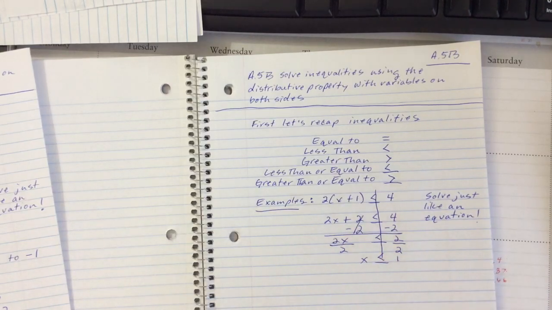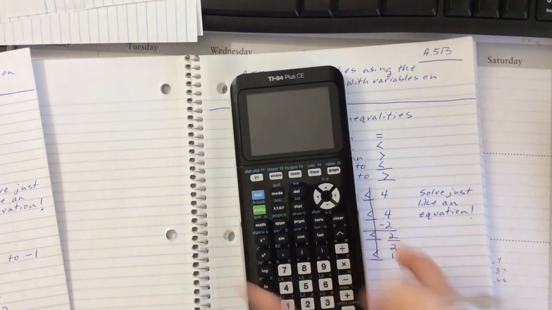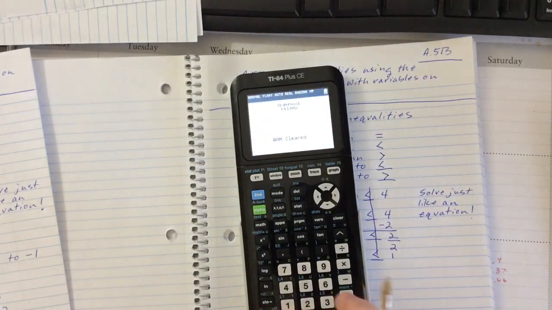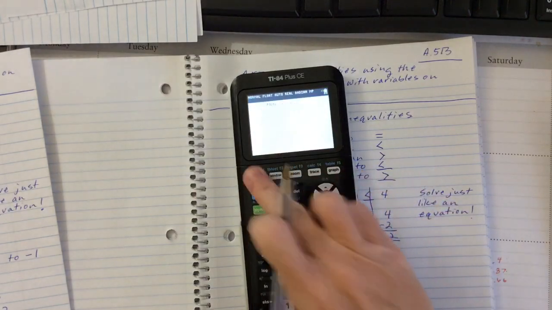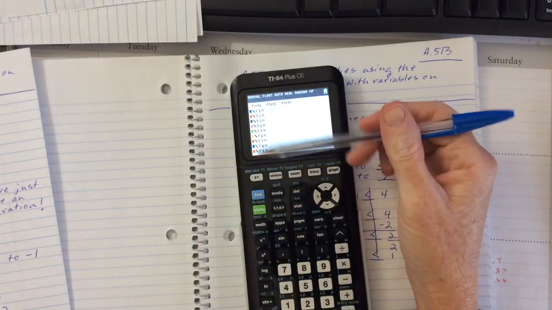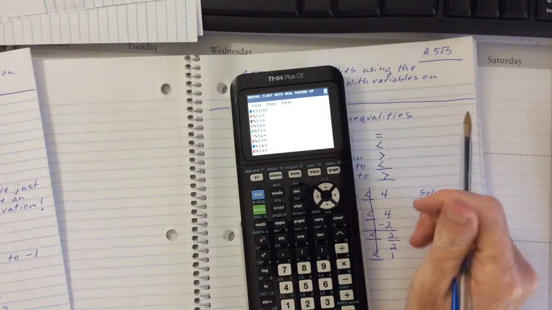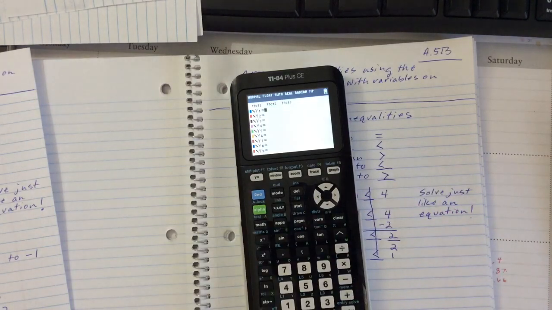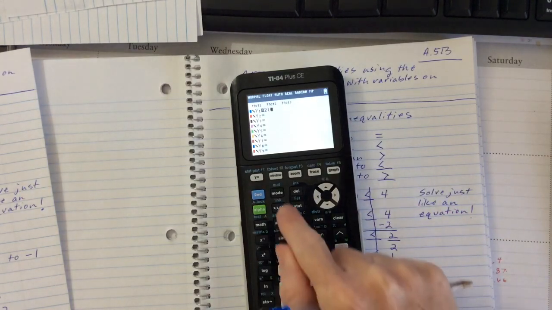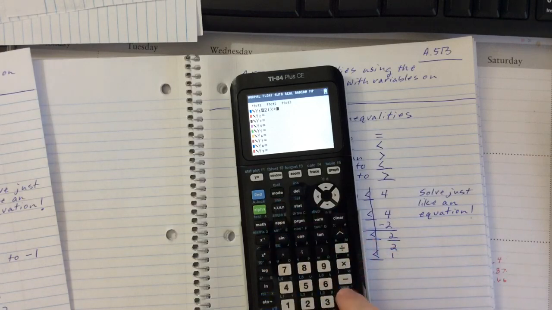Let's double check that on the calculator. And if you remember, you're going to hit y equals, and we're not going to change any of this right now because we want to keep this as easy as possible, especially since we're virtual. So I'm going to put in parentheses x plus 1, close it, hit enter, and put the number 4.